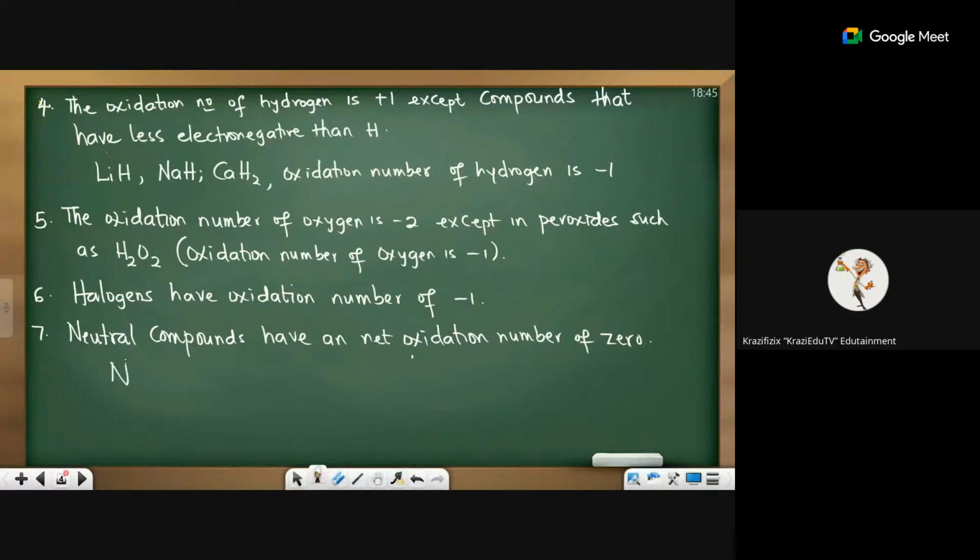Example, if I write a compound like sodium chloride, the total oxidation number is 0.